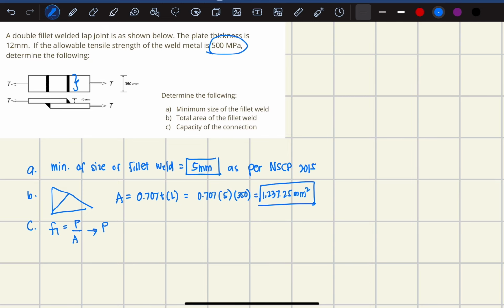To determine the capacity, we need the force P, which is Ft times the area. So just substitute the given allowable tensile strength of 500 times the area of 1,237.25.